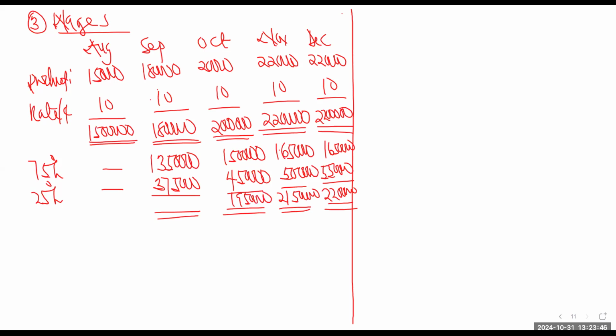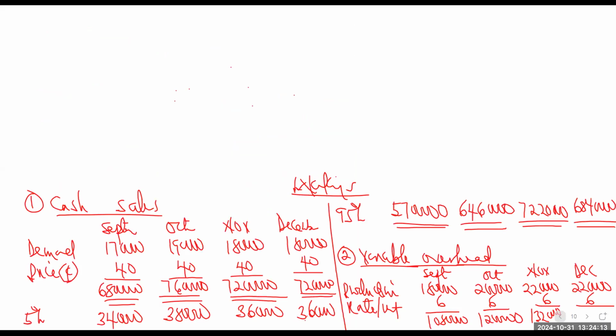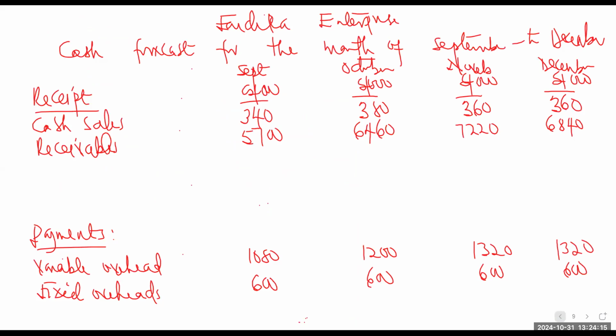And this one will give us 1,750. Is it 50 or 55? 50. And I'm having 1,725. Yes, 1,725. Okay. So we now come here and have wages.